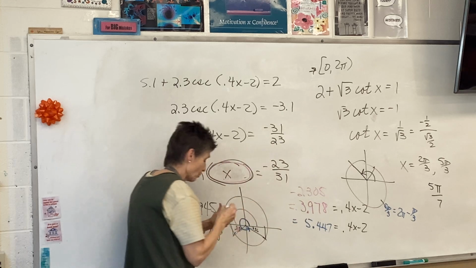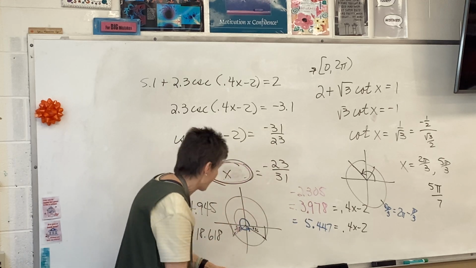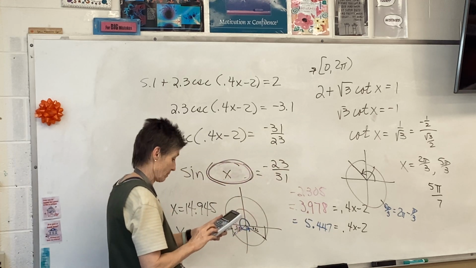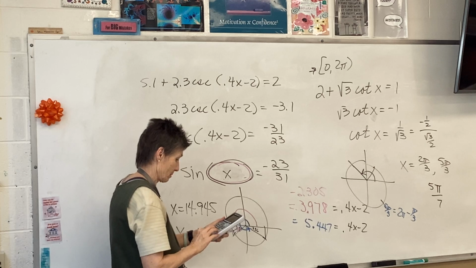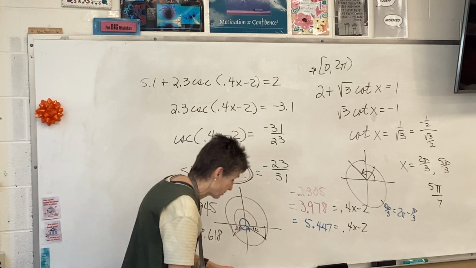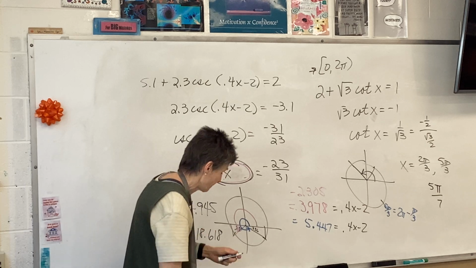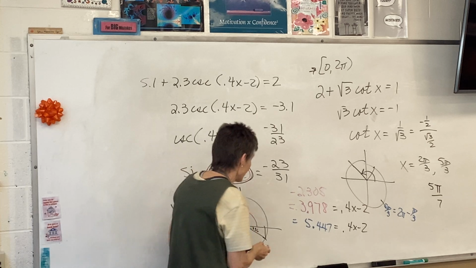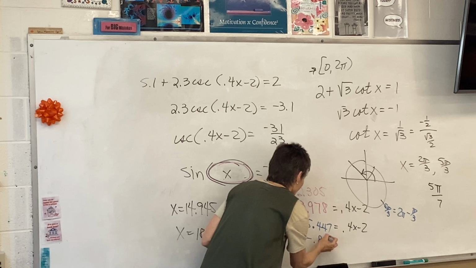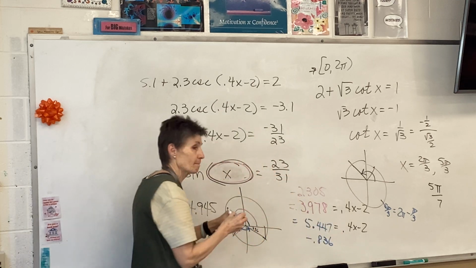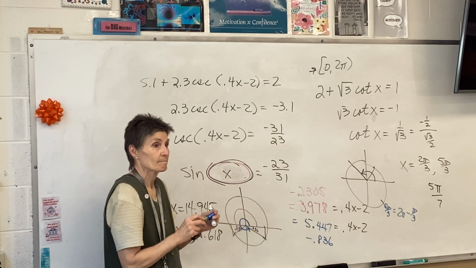And what would be another blue option? Negative 0.836. But that wouldn't work because it's still negative.